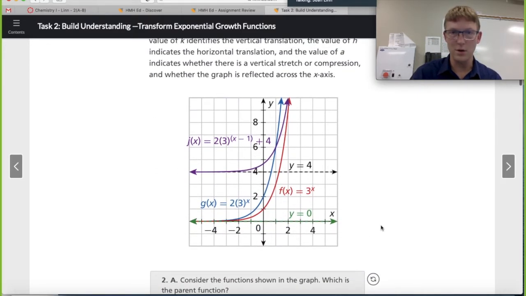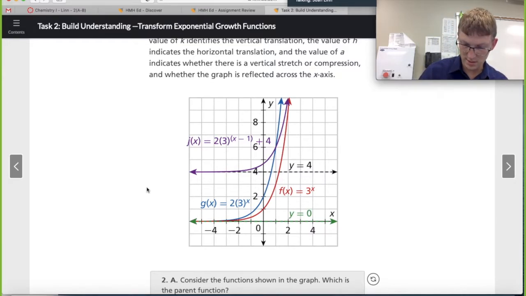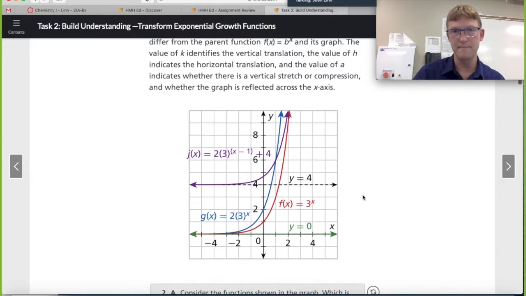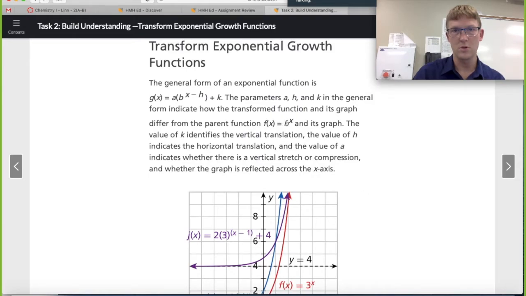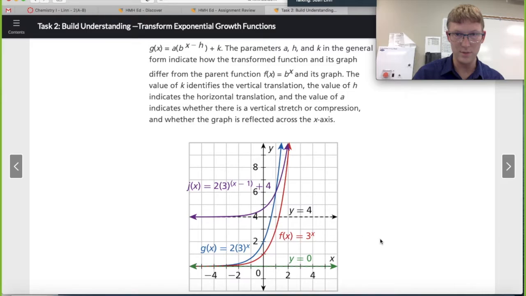So if we look at our graph, which one's our parent function? Looks like our red line here is more or less a parent function. So f of x equals b to the x, in this case b equals 3.